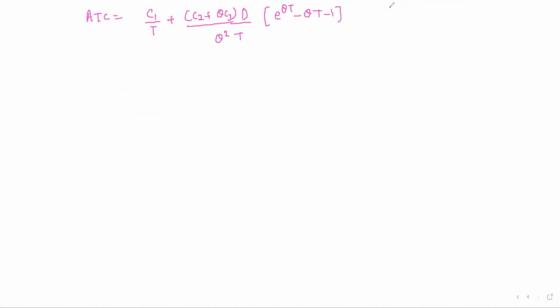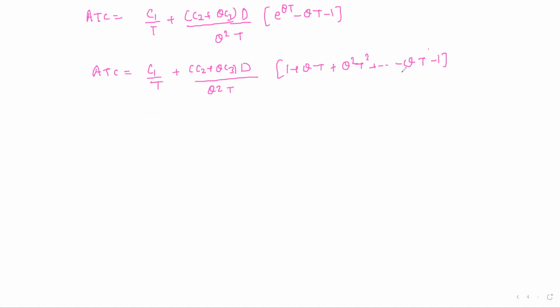Now we can expand it because we have to find the value of T here. So ATC equals C1 upon T plus C2 plus theta C3 d upon theta square T, and we can write the exponential as 1 plus theta T plus theta square T square upon 2, and so on. We can neglect the higher terms.